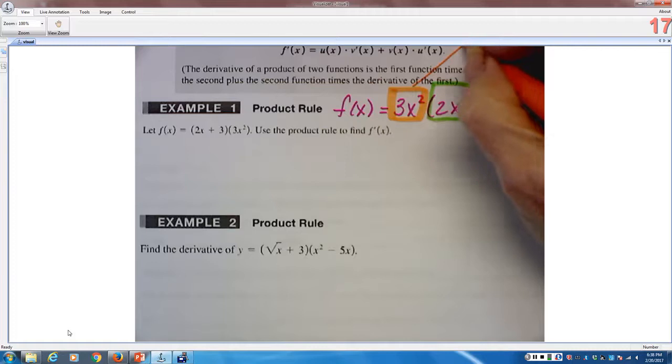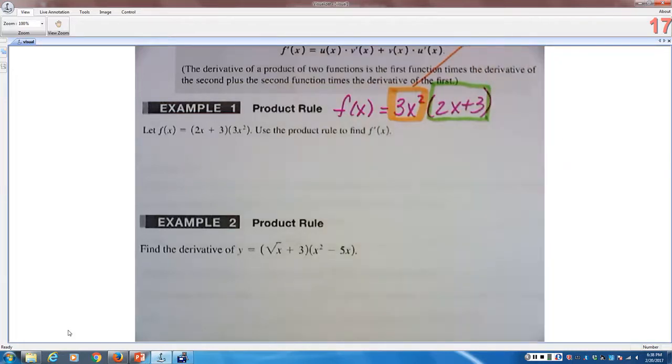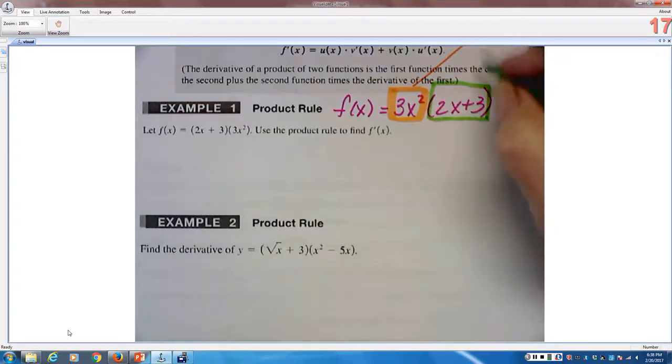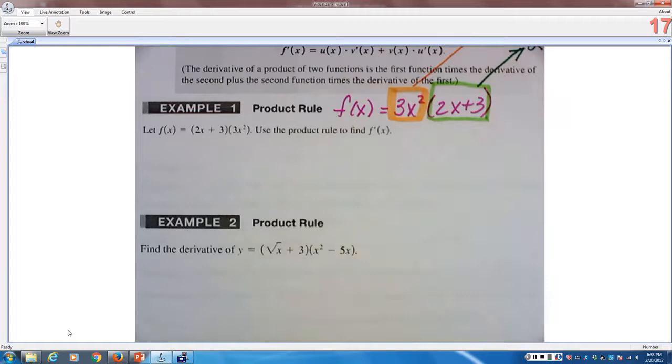The derivative of the 3x squared is 6x, and the derivative of 2x plus 3 is just 2. And then the way the rule works is they trade each other's derivatives, and you add them together.